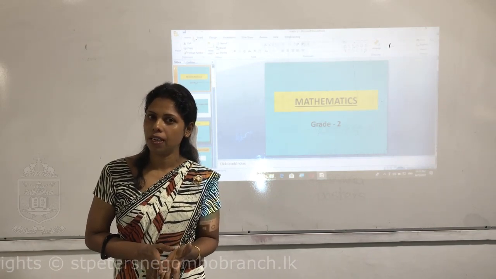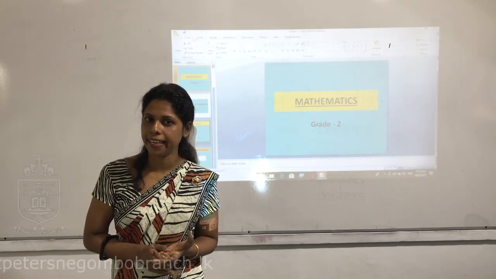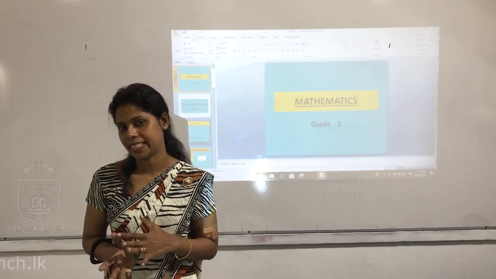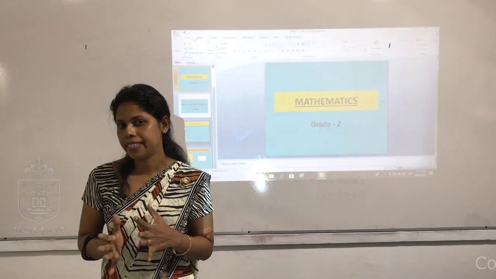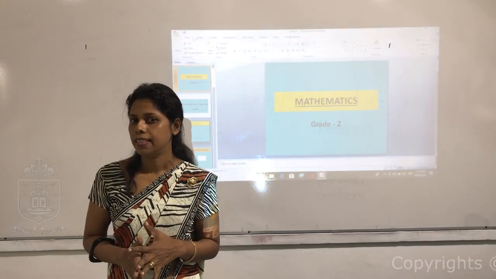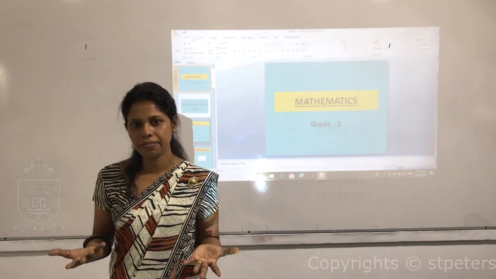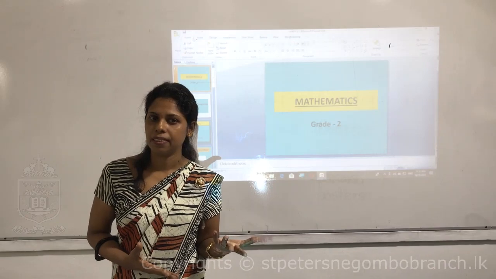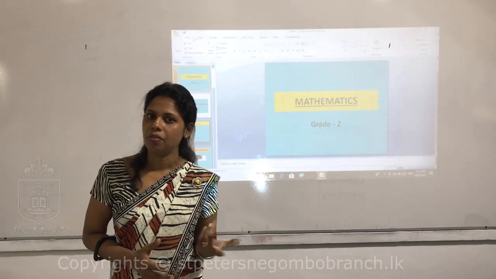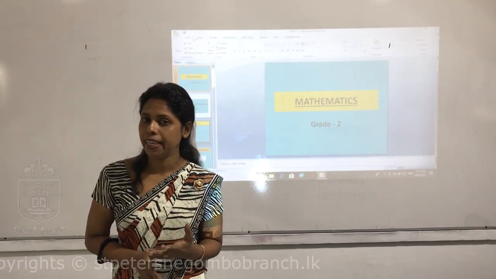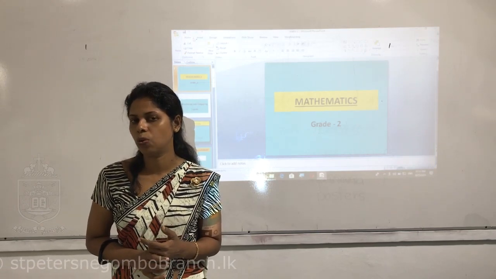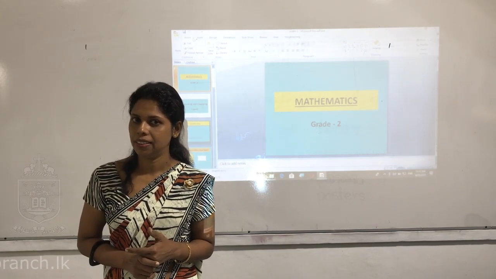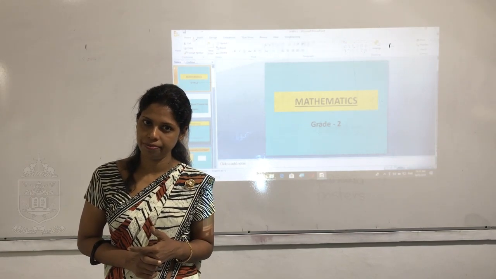According to the number of cups, you can say the vessel can contain more or less. If one vessel can hold 8 cups and the other vessel can hold 5 cups, the 8 cups vessel can hold more liquid. It has more capacity.